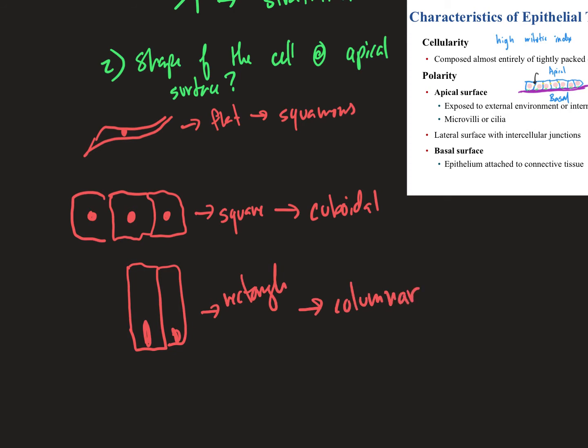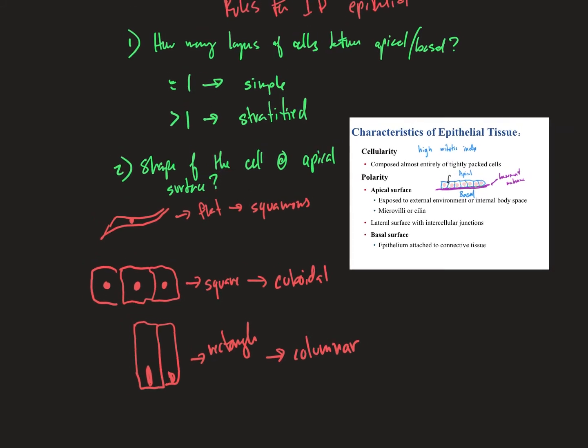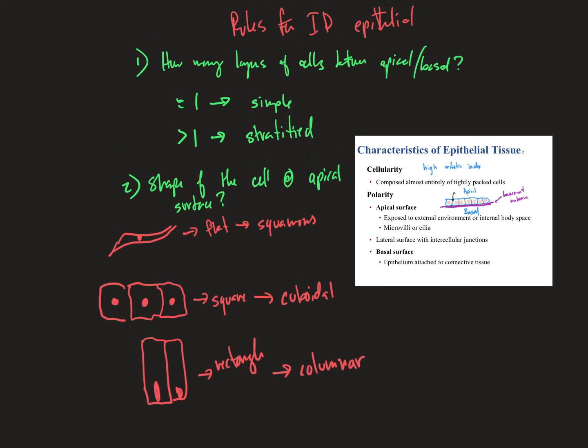Okay? So based upon those rules, you have a possibility of having simple squamous, simple cuboidal, simple columnar, stratified squamous, stratified cuboidal, stratified columnar. Those offer you 6 basic epithelial tissues. Now, with any rule, there are what?